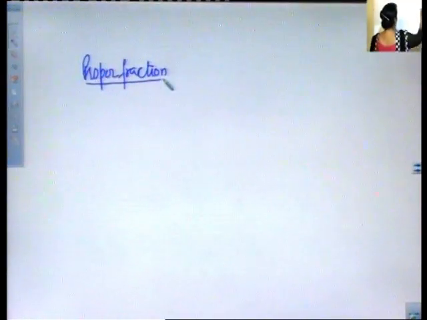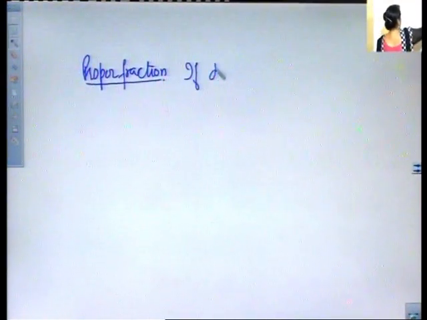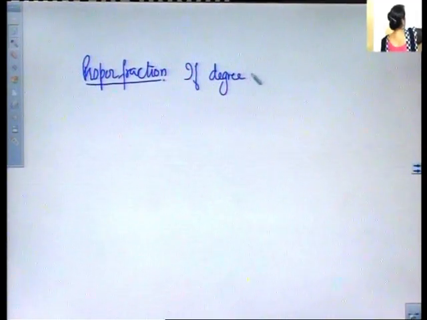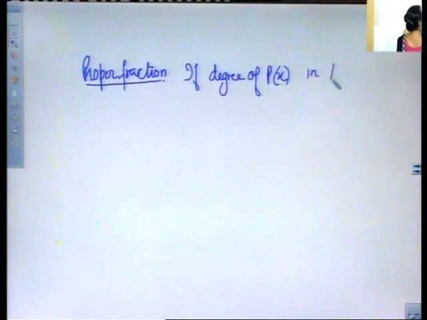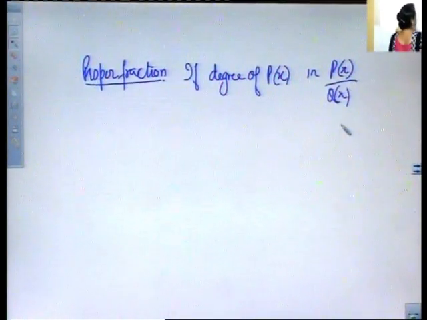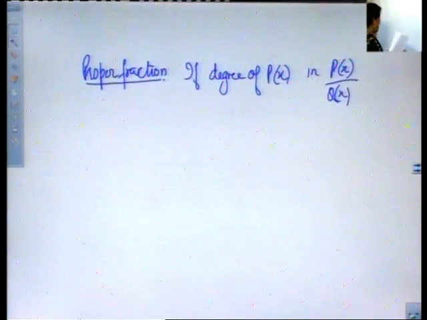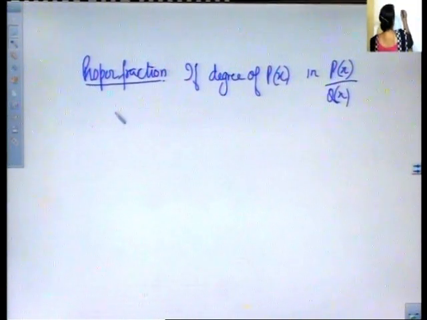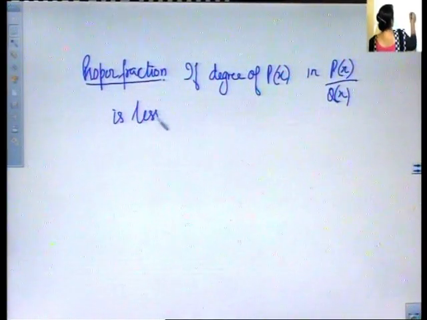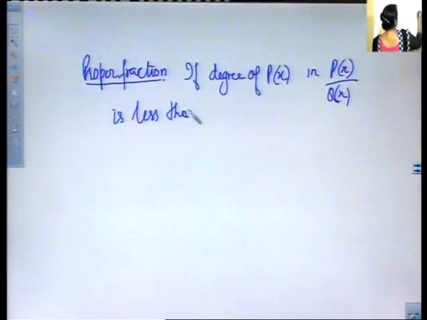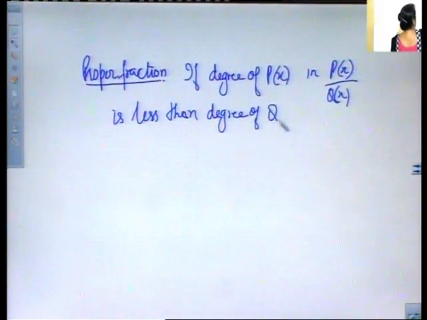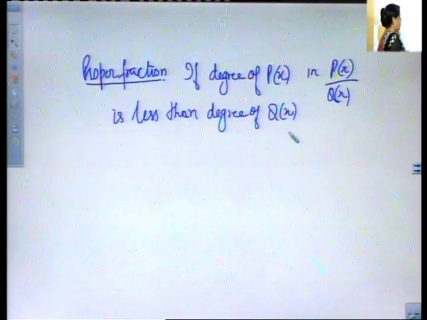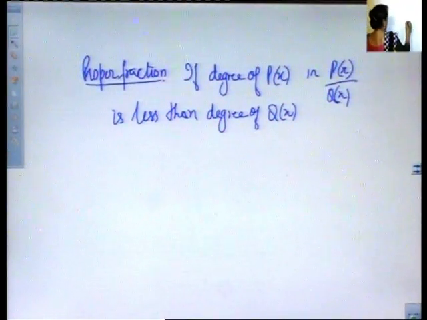If the degree of p(x) in the expression p(x) upon q(x), that is the degree of the numerator, is less than the degree of q(x), that is the degree of the denominator, then it is called a proper fraction.